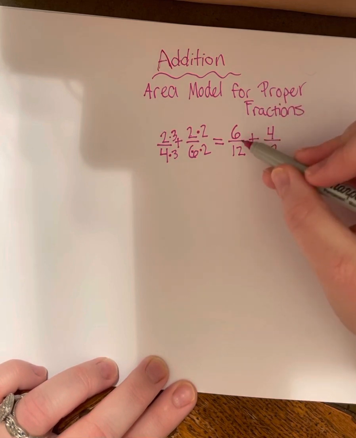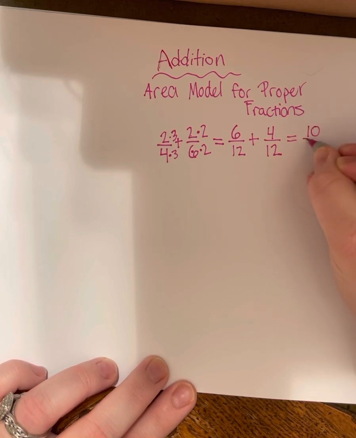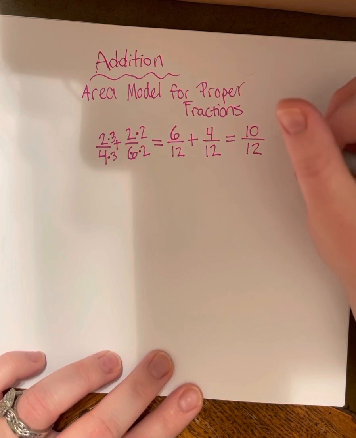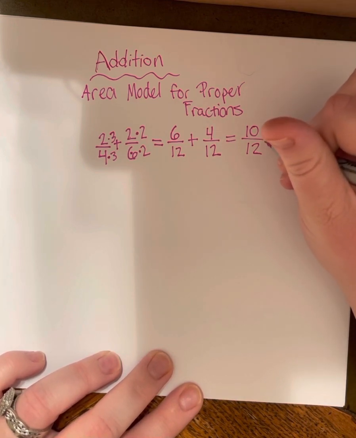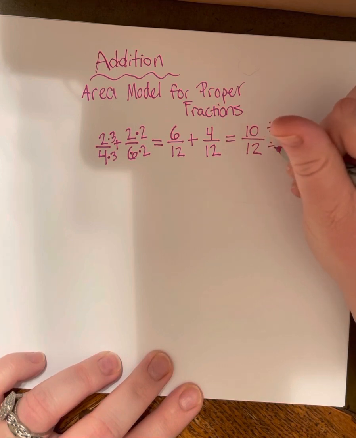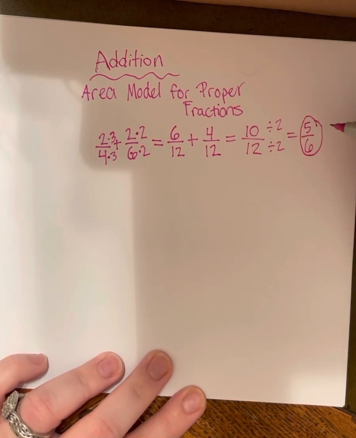So then all we would have to do is do the 6 plus 4, which would give us 10 over 12. Then we would just simply simplify. And we know that 2 goes into both of these numbers. So we would divide both the top and the bottom by 2, which would bring us to 5 over 6. And that is the answer for this problem.